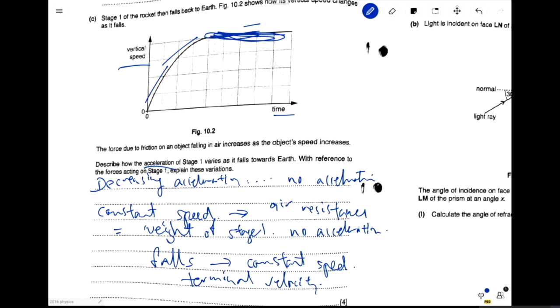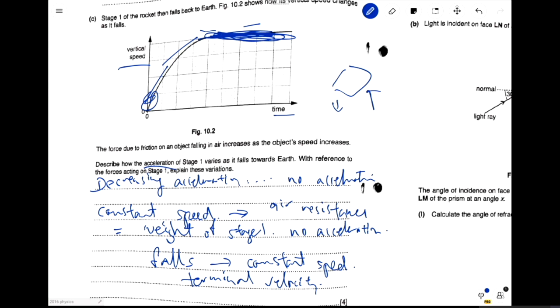Okay, this is the falling part. As it's falling, at first it will accelerate, but the rate will decrease because when it is falling, there's air resistance. So you reach a point where the weight is equal to the air resistance. And hence there's no resultant force.